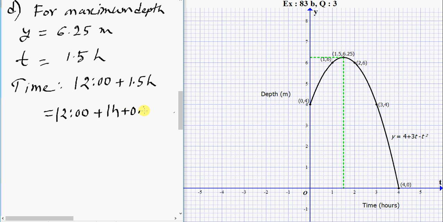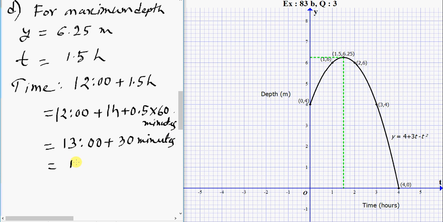One hour, 1.5 hour, we can convert into 1 hour plus 0.5 into 60 to convert in minutes. So it will be 13:00 plus 30 minutes or 13:30.